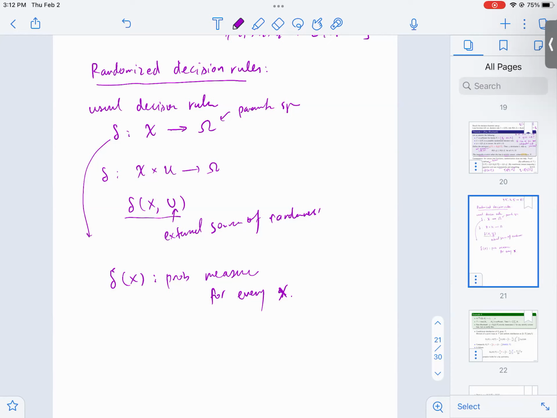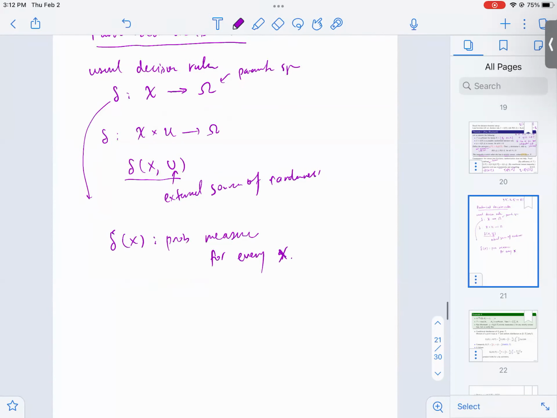Imagine that, let's put that aside, I'm still going to write it as delta of x, but imagine that this delta is a random function. So I absorb this u into the definition of the function.